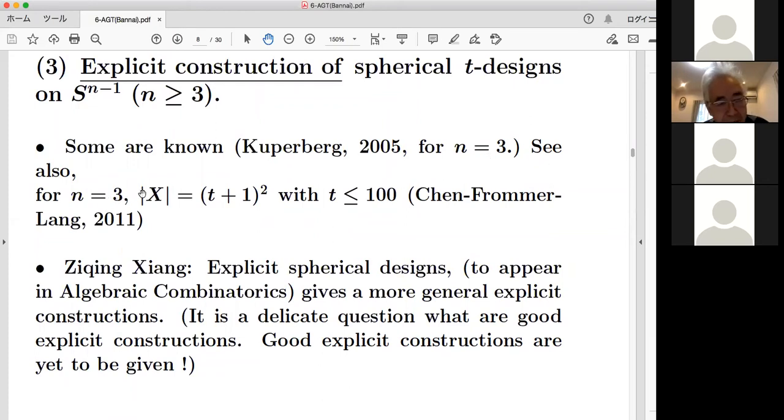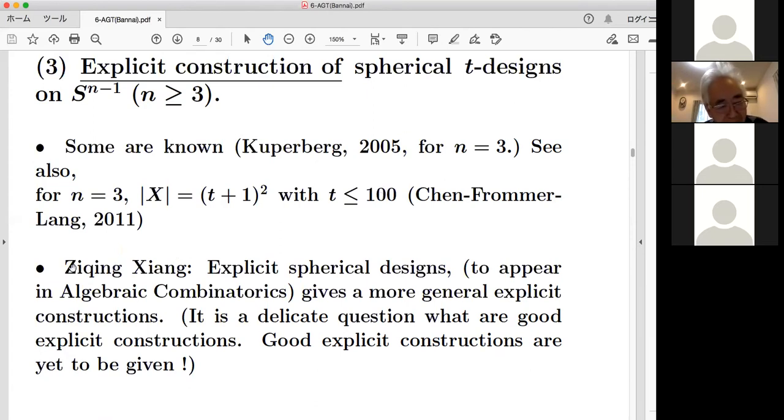And for n equals 3, there is a result by Chen, Frommer, and Lang about 10 years ago. For t at most 100, they could explicitly describe examples with size (t+1) squared. This t is up to 100, slightly improved, but the general case is still open.